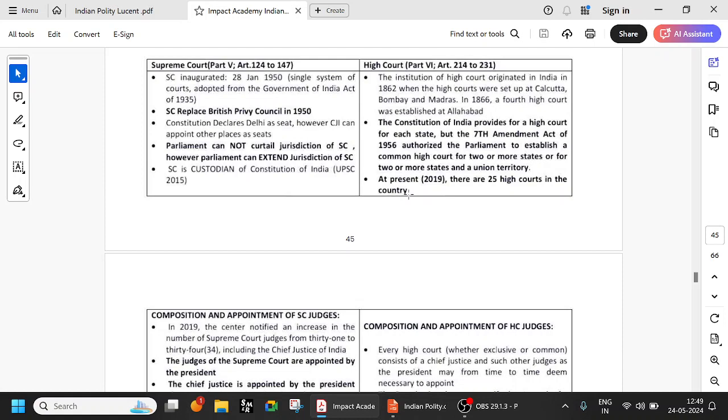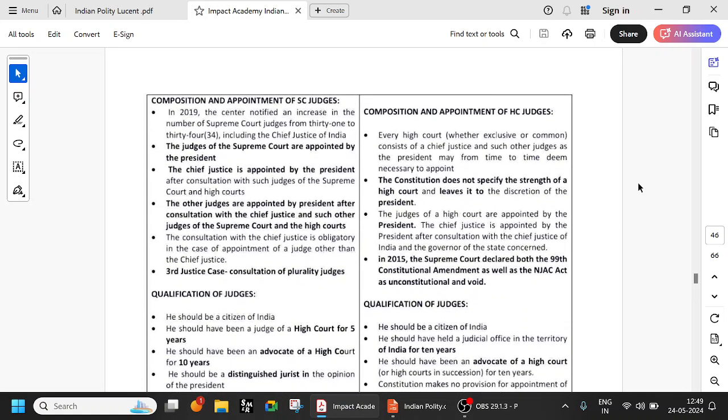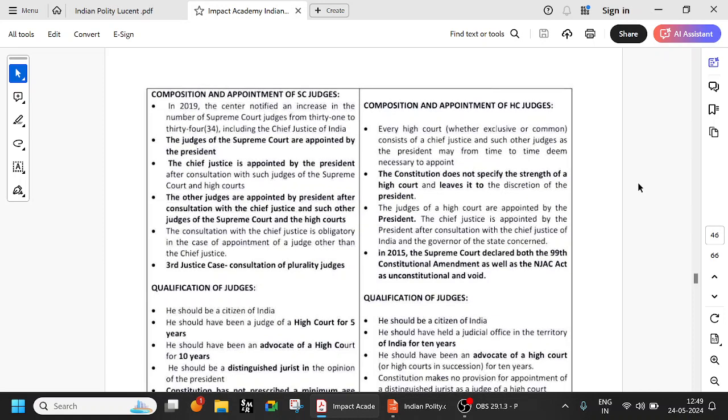That means there are a few states which do not have a High Court. The 7th Amendment Act of 1956 authorized the Parliament to establish common High Courts, like for Punjab and Haryana, etc. Also for a union territory. For example, Chennai High Court will also have jurisdiction over Andaman and Nicobar. Lakshadweep in Kerala High Court, like that.